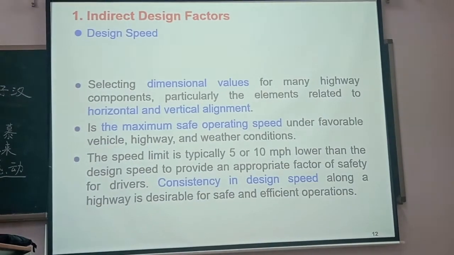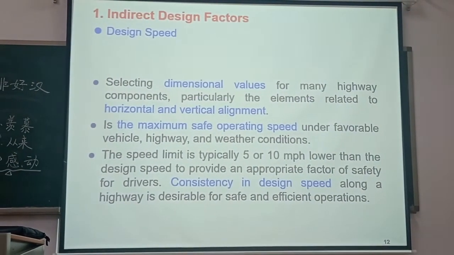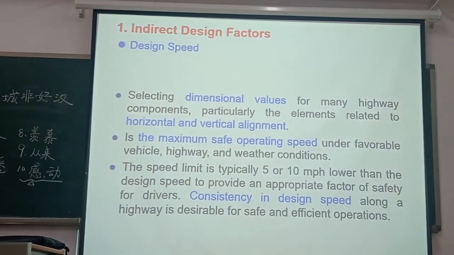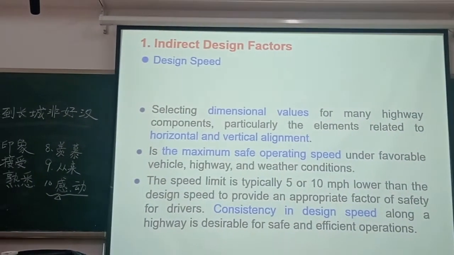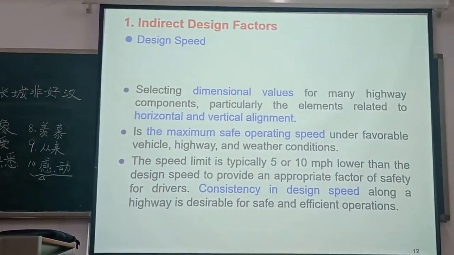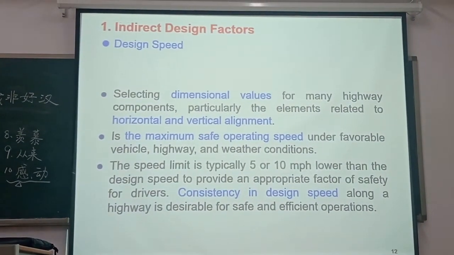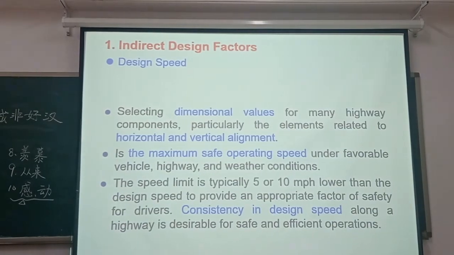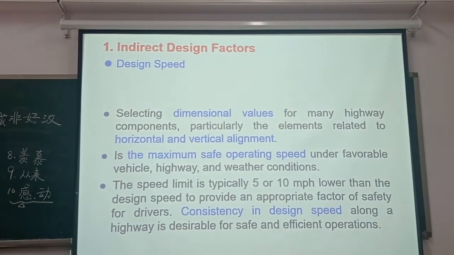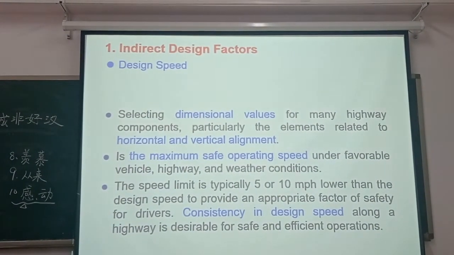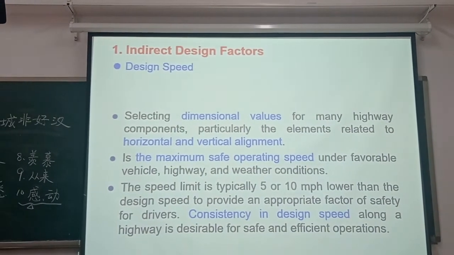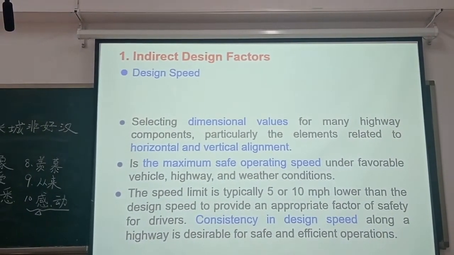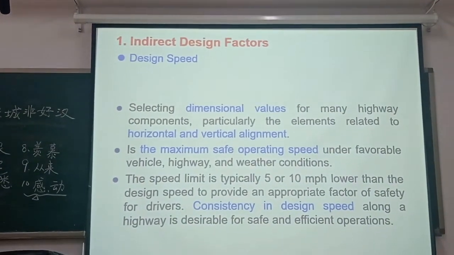The design speed is different, but the highest is 120. But in mountains or other areas, it will be slower than 120, such as 100 or 80 kilometers per hour, so it is different.